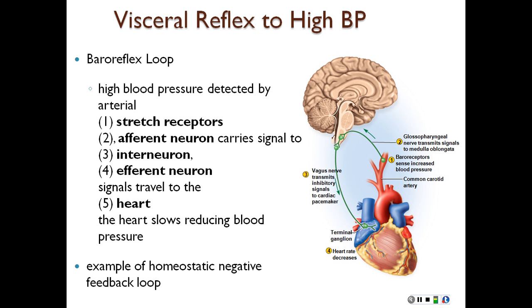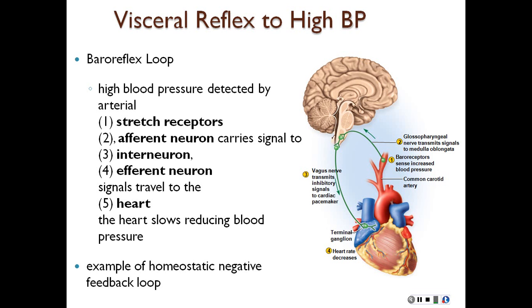Okay, so those sensory neurons in the glossopharyngeal nerve transmit the signal to what? To the CNS, which is where the interneurons are. And what particular part of the CNS? The medulla oblongata.